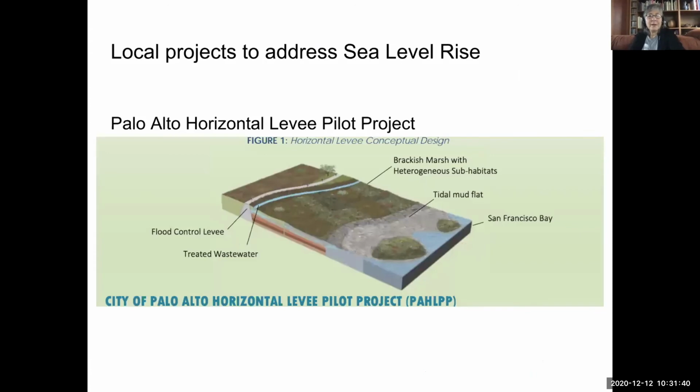So here's how Palo Alto is going to be constructing a horizontal levee project. That's what they call creating some upland transition zone habitat. And this is super cool, which I think is going to be really interesting to see how it works. I was a biologist and then went to study environmental engineering. And what I really wanted to study was this kind of use of water.